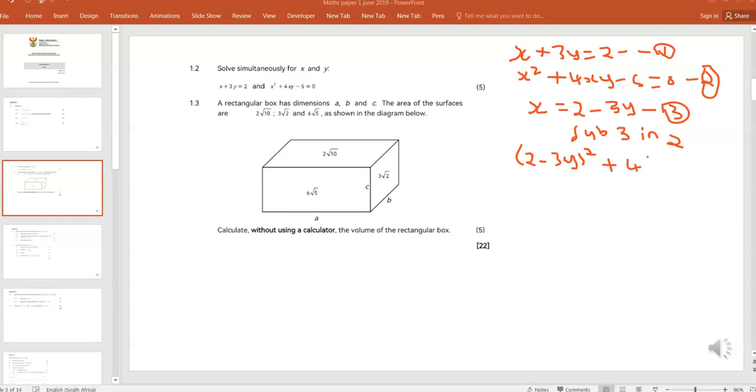Whenever you see x, you put the whole thing, 2 minus 3y, and then times y, which is outside. Then minus 5, and the whole thing is equal to 0.